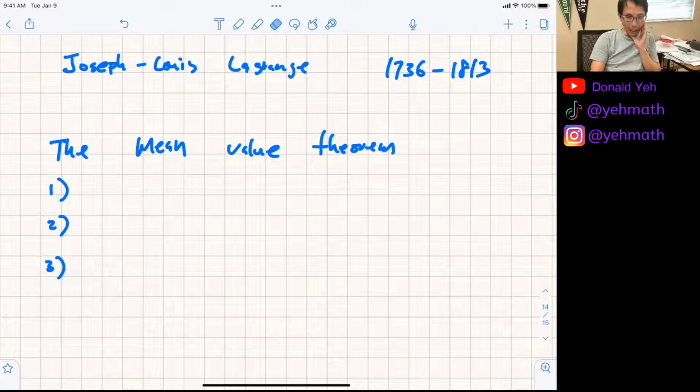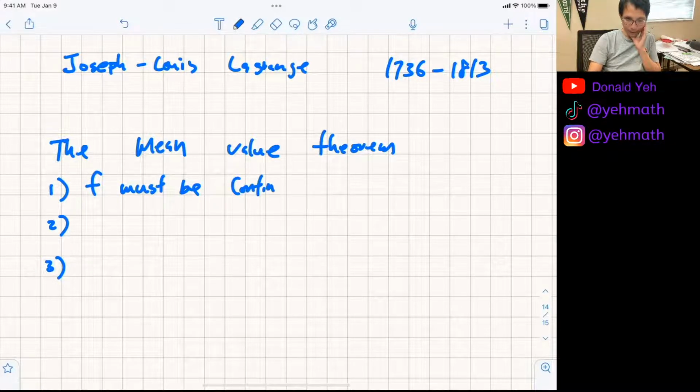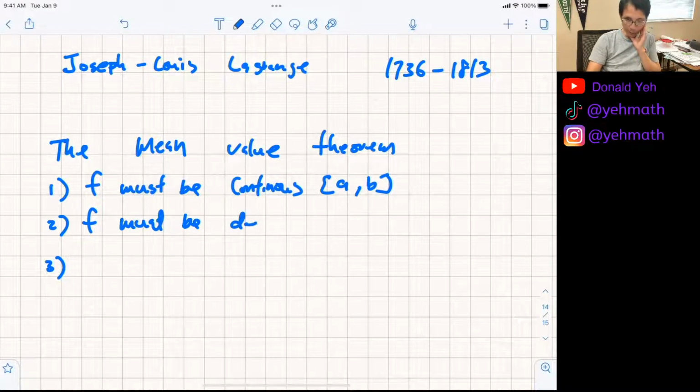So, one, f must be continuous. How this class can get sidetracked. Two, f must be differentiable.